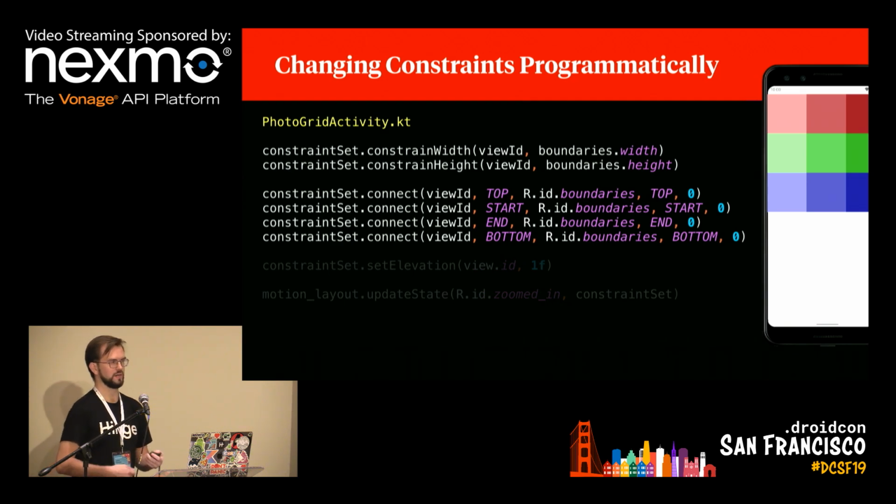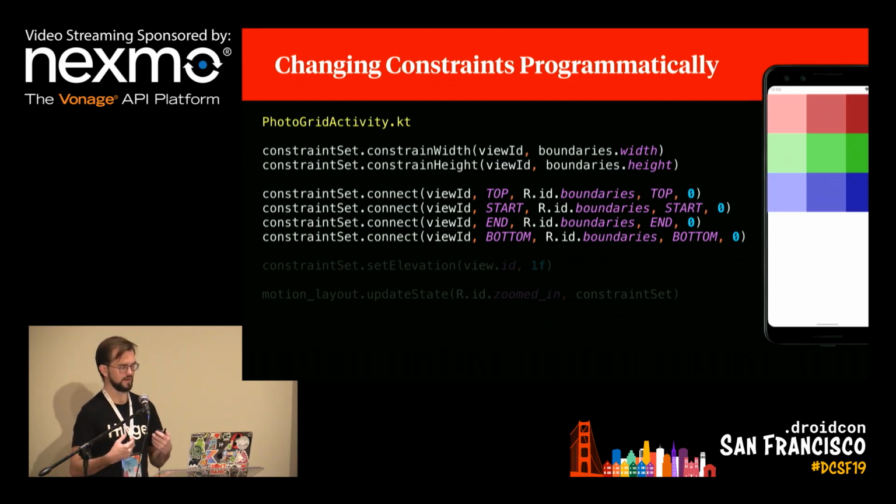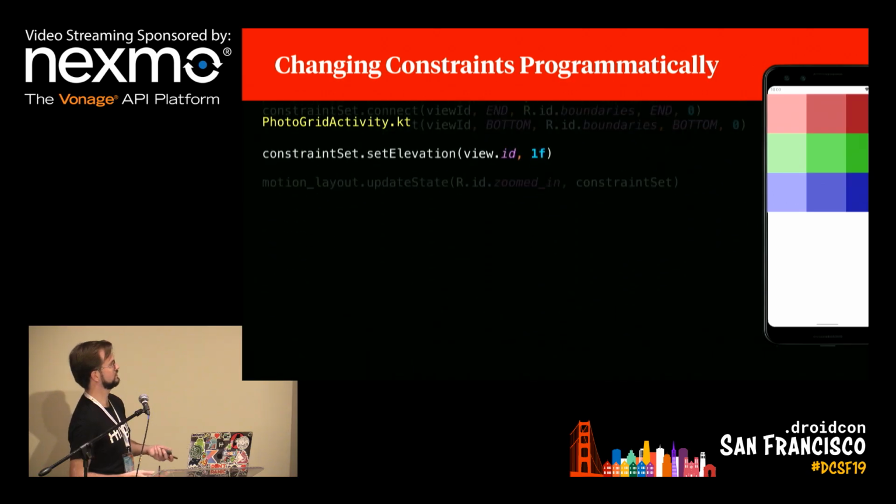The way that this came up and I worked through how to work it out was this example where I had a photo grid and I was trying to not have 10 different constraint sets to specify how each view should be zoomed in to take the full width and height of the available view. So programmatically, just set some constraints.